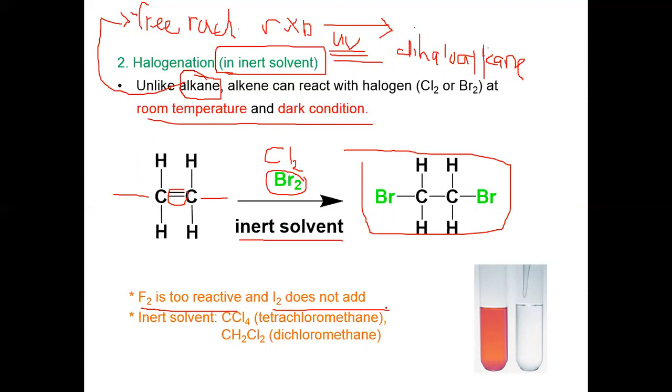Okay, so this is your inert solvent, either tetrachloromethane or dichloromethane. It means the solvent does not react in your reaction. So just remember in your halogenation in inert solvent, bromine will go in on both sides, wherever is empty, and the double bond will open.